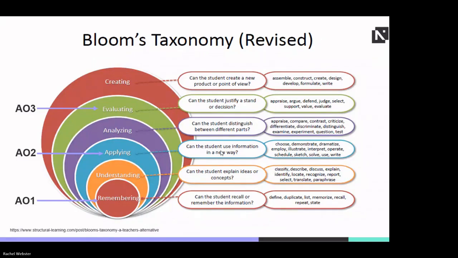They all share, in my opinion, equal importance. Our students need to be able to do them all in order to be successful. But this just gives you an idea of where those skills sit and the skills they're going to need to get those higher marks, particularly for those extended response questions.